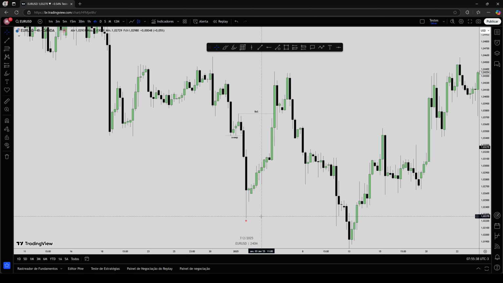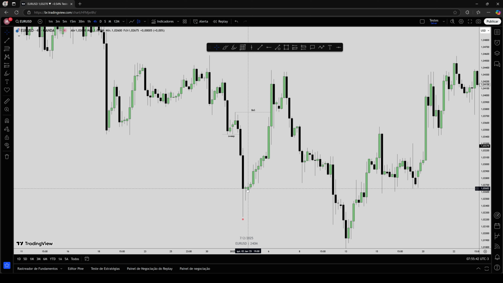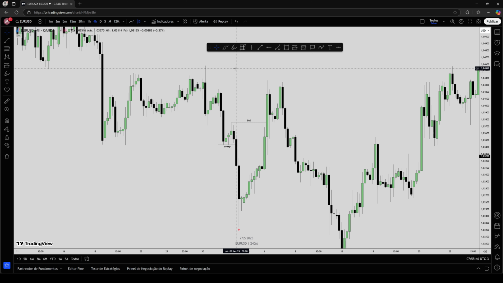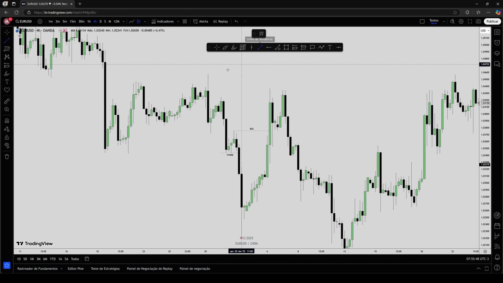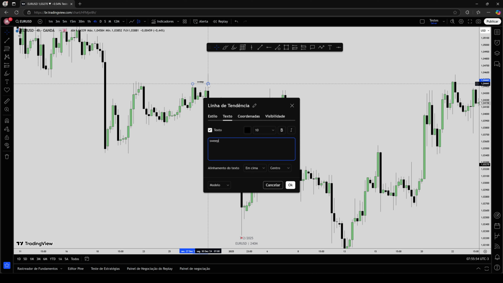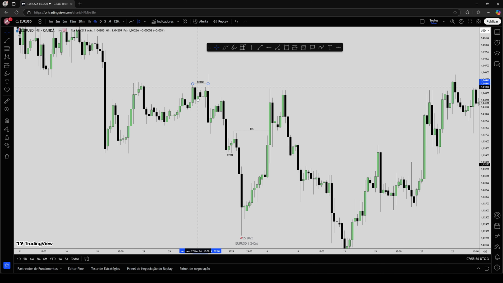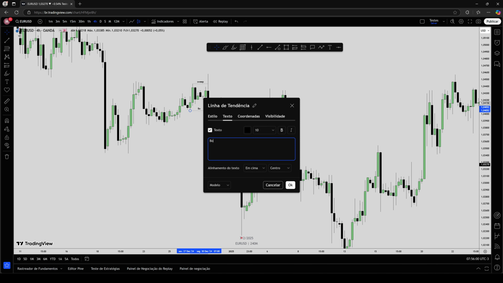Now all you have to do is go back in time and search for the same pattern, the opposite pattern, to have the high, which would be here. Like you have the break of this high, which would be the sweep, and then the break of this low right here, which would be the BOS.